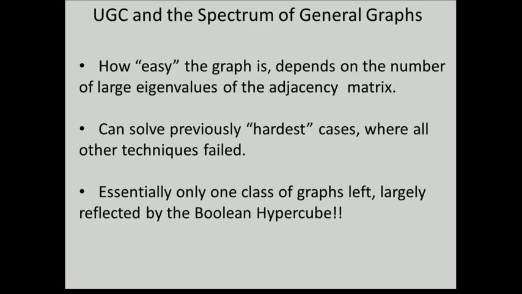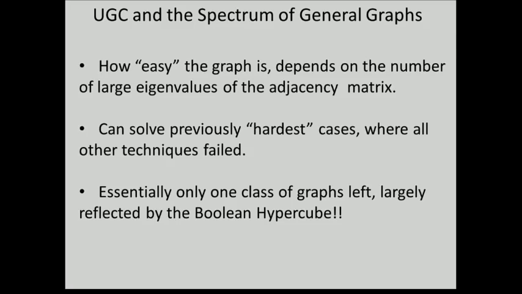What remains is a class of graphs that, there are a couple of graphs that we know belong to this class, but they all sort of resemble the Boolean hypercube, and this class includes, of course, the Boolean hypercube. So as a next step, me and co-authors set out to solve Unique Games on the hypercube. This was our goal: what happens to this graph that we know a lot about?